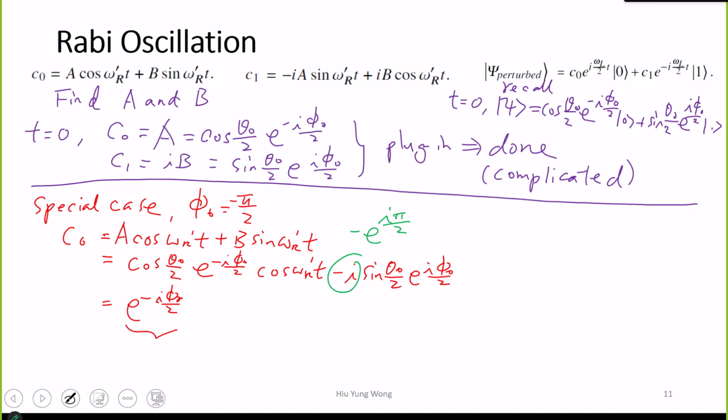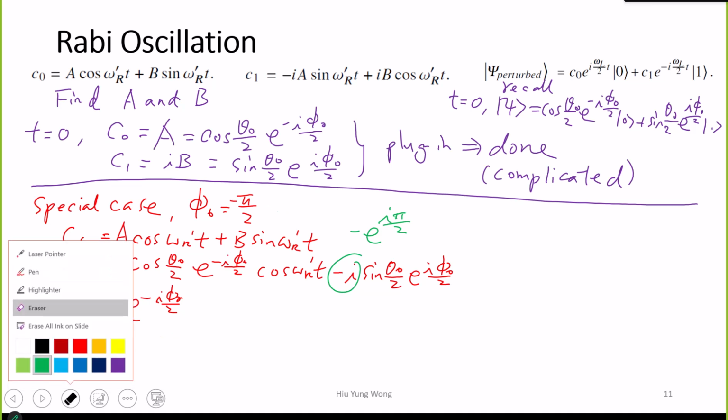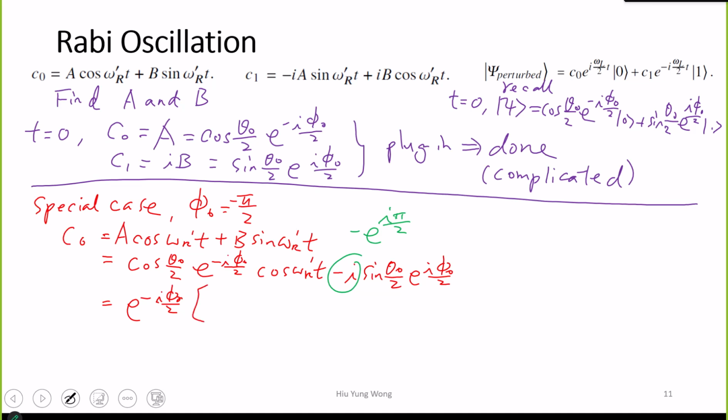Maybe I should have done that earlier. If phi naught equals pi over 2, no, sorry, I cannot do that. Yeah, let's keep this. I jumped a little bit. Then this is cosine theta 0 over 2. I just take out the phi naught over 2. So what I did is I take this out, e to the power I phi naught over 2. I factorize this, then I have cosine theta naught over 2, cosine omega r dash t.